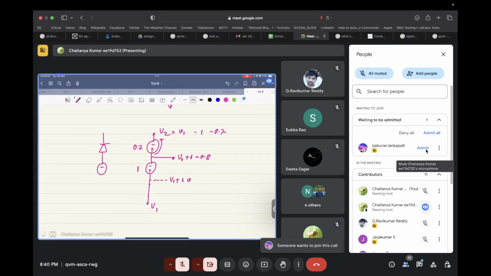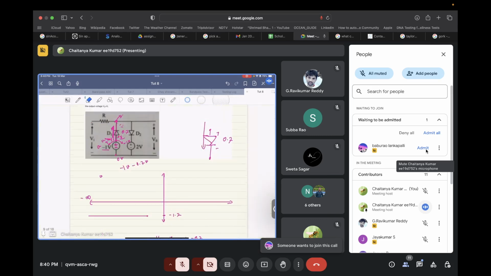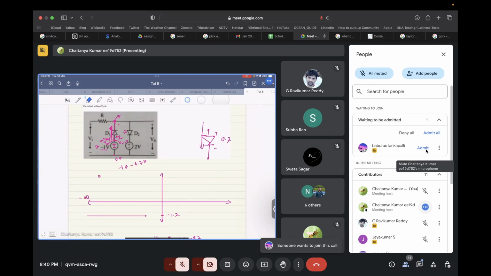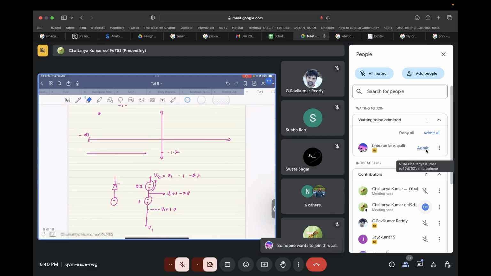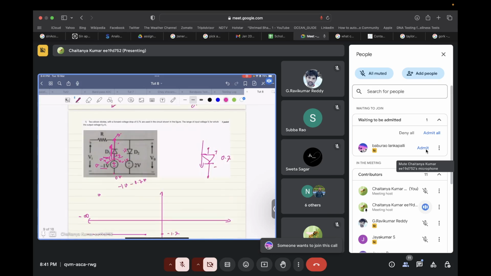So now what is this voltage source over here? This can be replaced by this particular diode, right? And if that is the case, we get V2 as equal to V1 minus 1.7. And what is V1? V1 is ground basically, right?